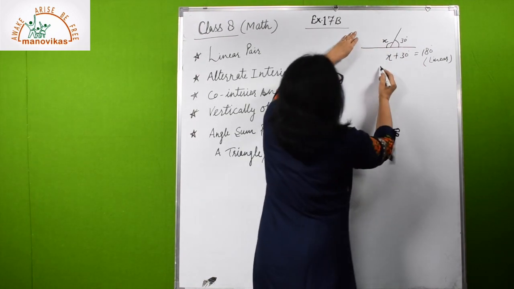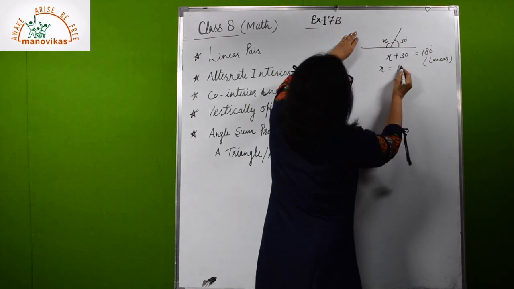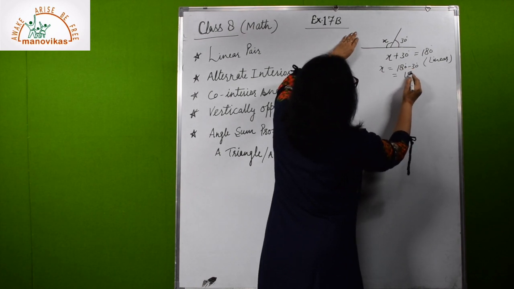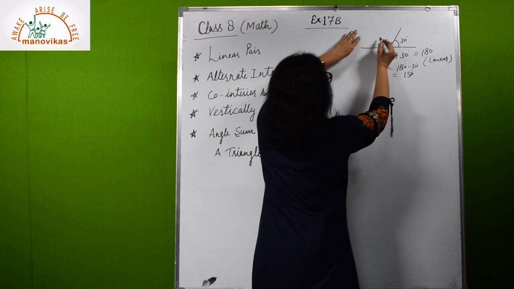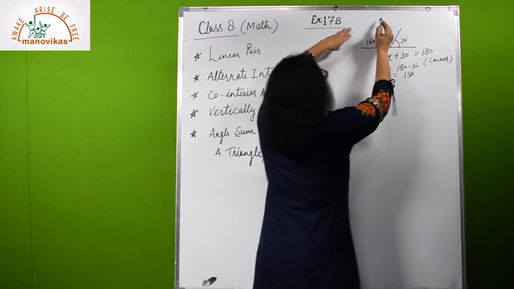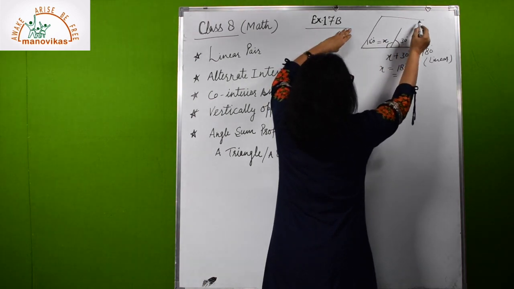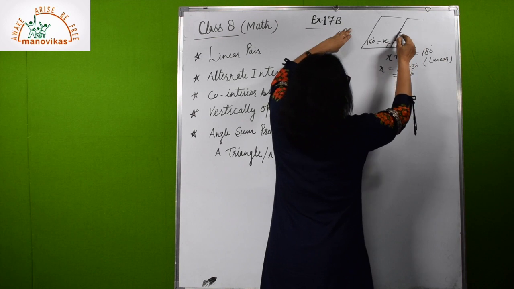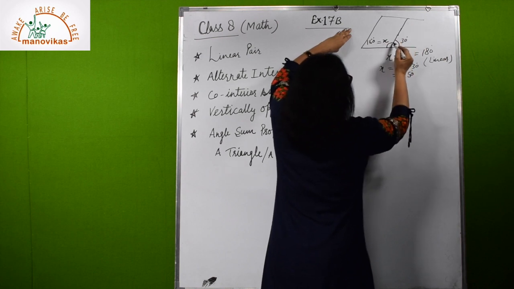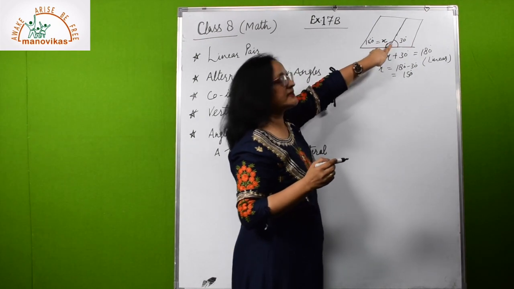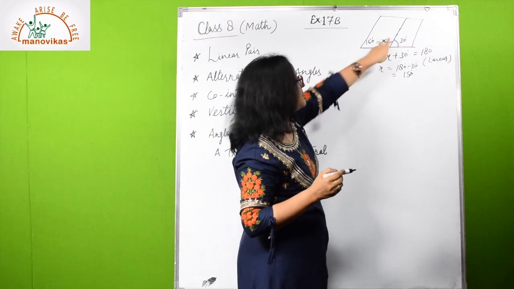So from here you can find x is equal to 180 degree minus 30, that is equal to 150 degree. So this x is equal to 150 degree found. Now if I make this as a parallelogram, suppose this is a parallelogram, you have to find this angle x. So this method you can find angle x by linear pair.